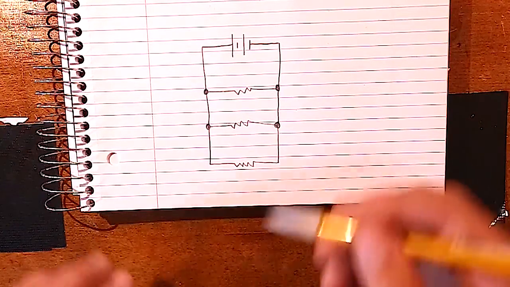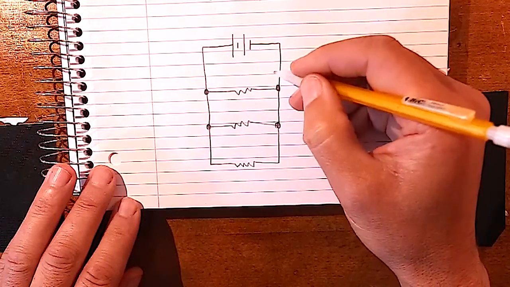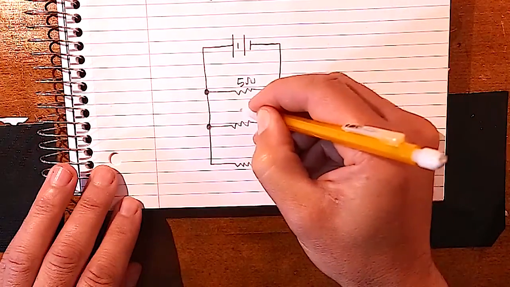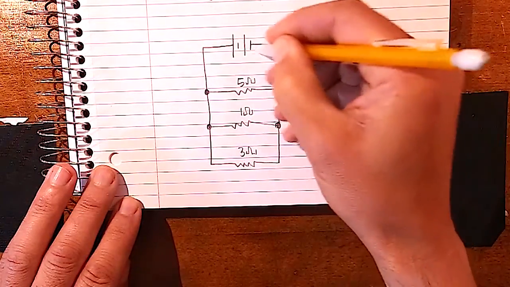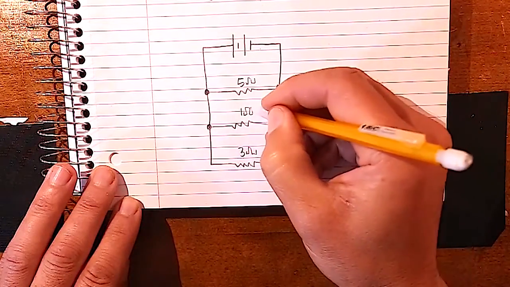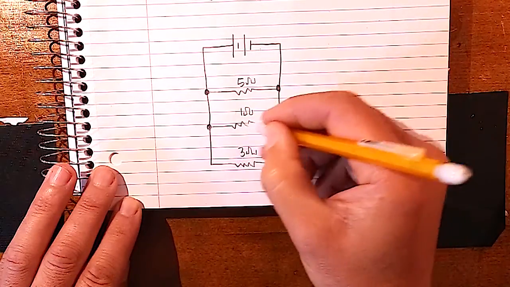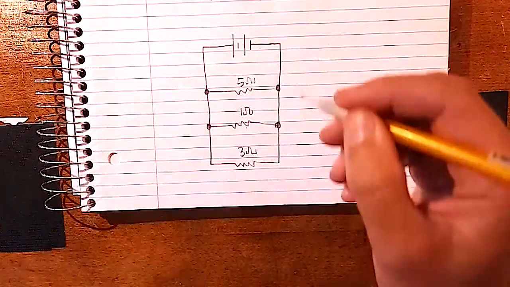The electrons are going to mostly travel through the lowest resistor. So if we had, let's say, 5 ohms, 1 ohm, and 3 ohms, electrons will go through all three, but most of them will go through the 1 ohm resistor, meaning that the current will be highest here and the current will be lowest here.